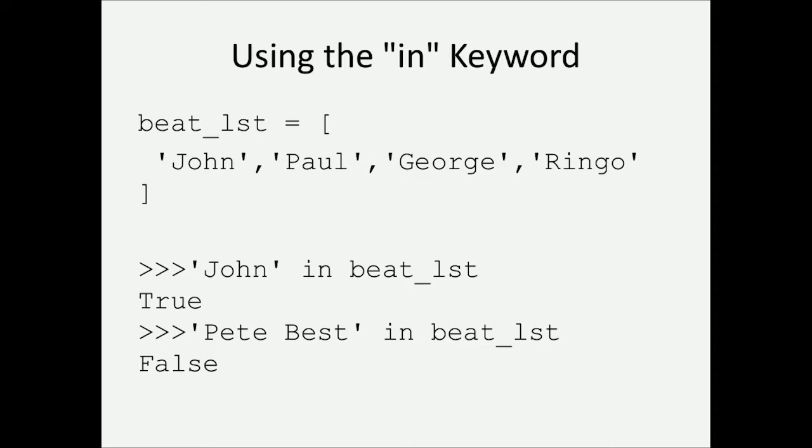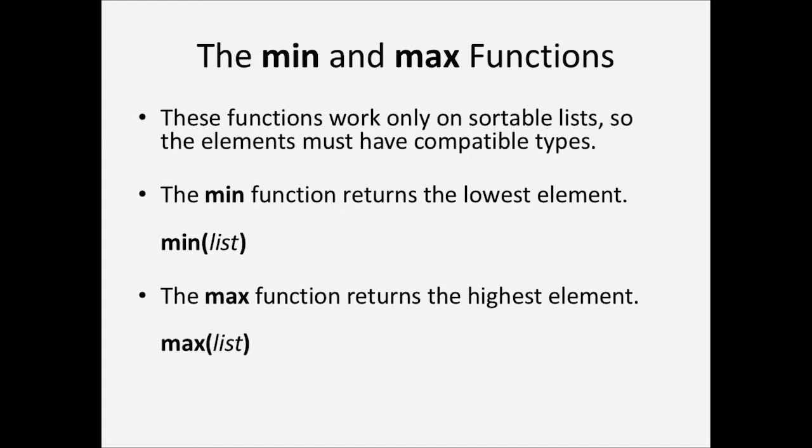And I can say John in beat list. If John, and remember it's case sensitive, if John is one of these 4 strings, it will say true, which it does. And then I say, well, is Pete Best, a guy named Pete Best, is he in this list? And it will come back false because it looks at the list and says, no, I don't have that. It's not in there. So the in keyword, very useful in Python. Now we're going to discuss a series of functions.